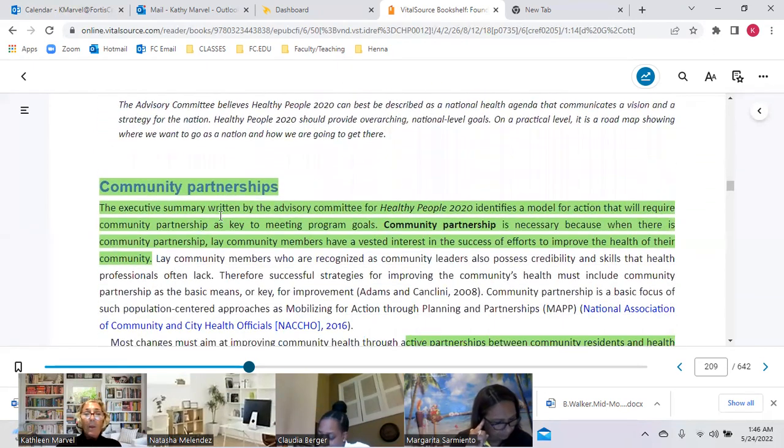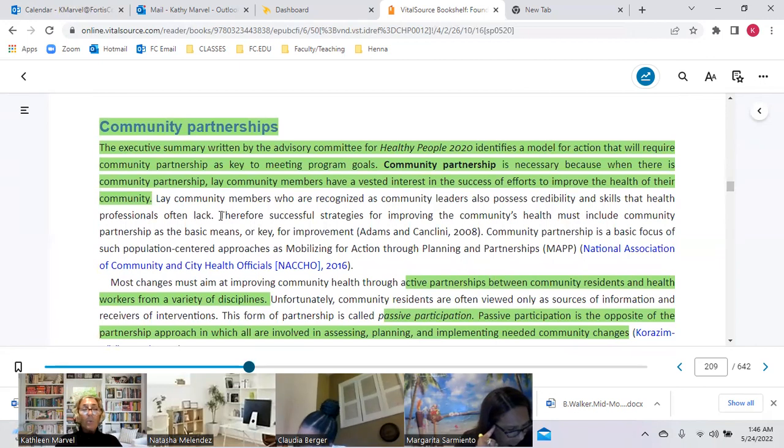Okay, so please know that. That's important to know. And then the other thing I want to talk about is the difference. In order for communities to function effectively, you have to have community partnerships. Community partnerships are broken down into active and passive. And a good example of an active partnership is, let's say a business in the community actively provides healthy after school meals for the schools. That's active.